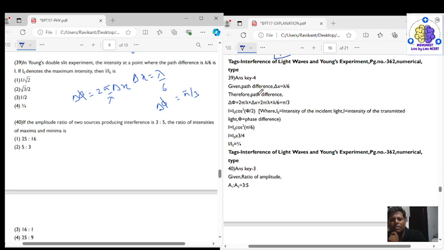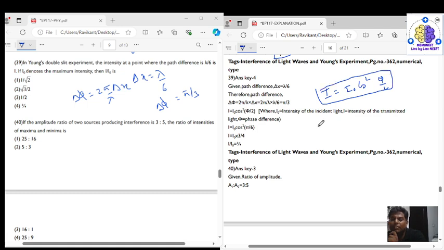Now the intensity at any point will be given by the formula I is equal to I naught into cos square phi by 2, right? From where am I using this formula? I am using this formula from the vectors.